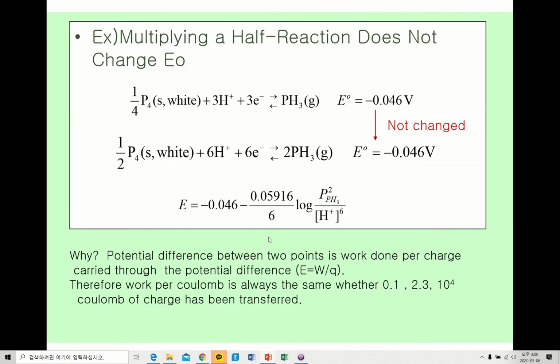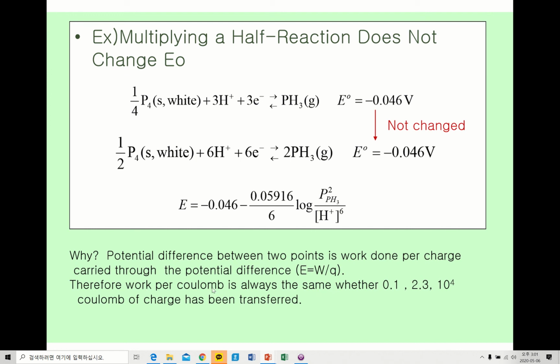That's quite important. Let's consider why the potential doesn't change with the change in quantities. The potential difference between 2 points is the work done per charge carried through. Here the potential is given by this equation, work divided by q.